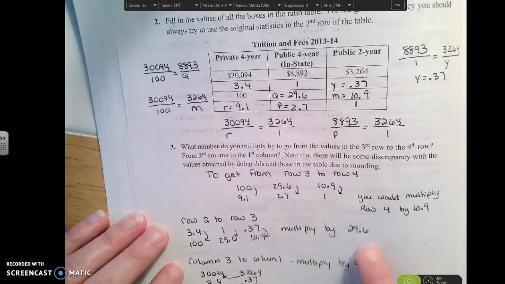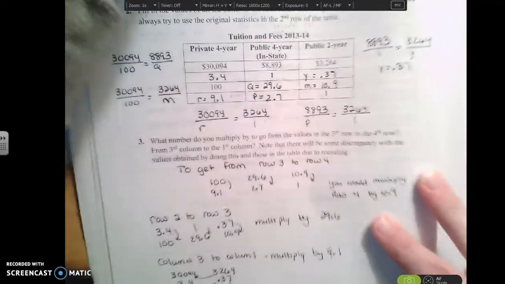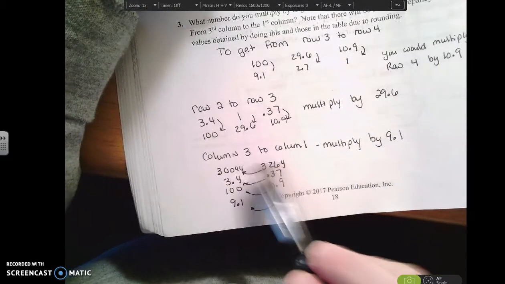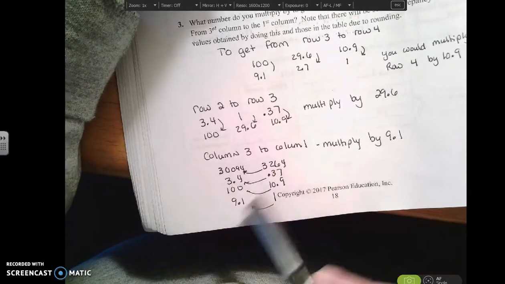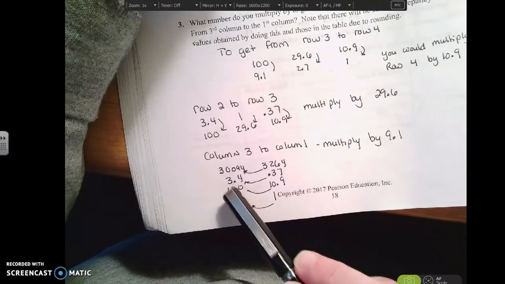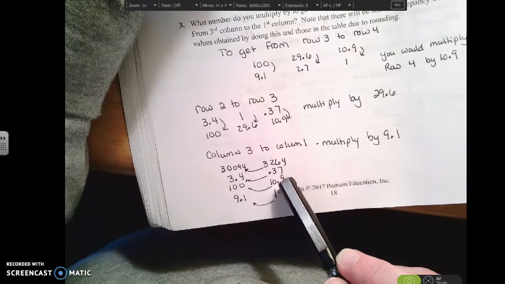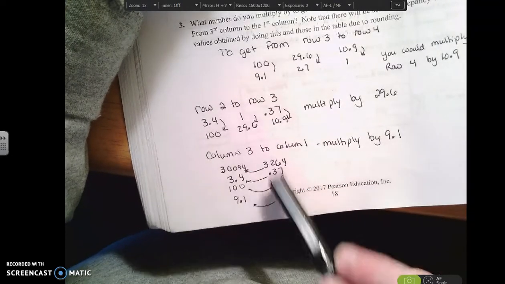And the other question they said is, what if I wanted to get from column 3 to column 1? So again, these are my column 3 values, these are my column 1 values. To get from column 3 to column 1, I have that backwards, I'm sorry, this is column 1 and this is column 3.